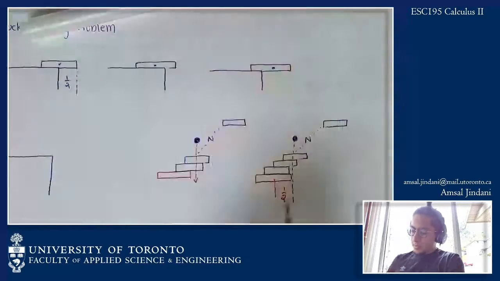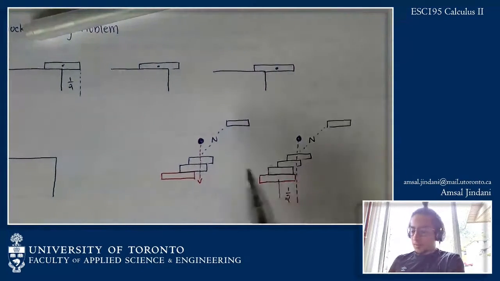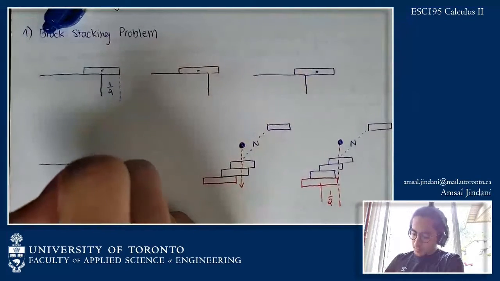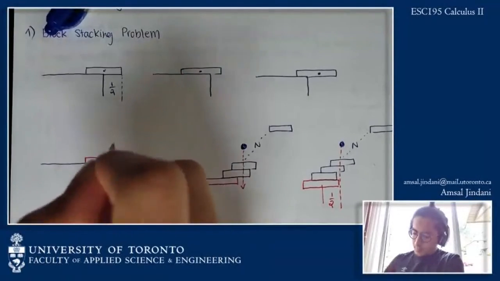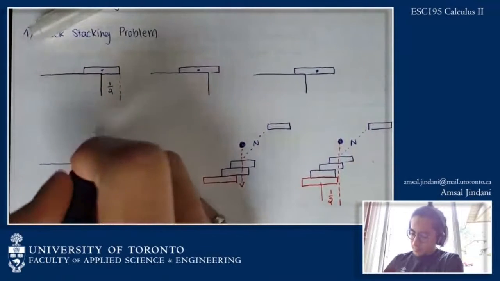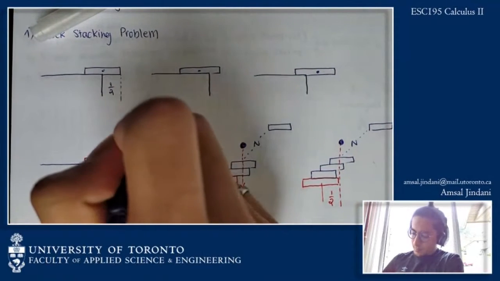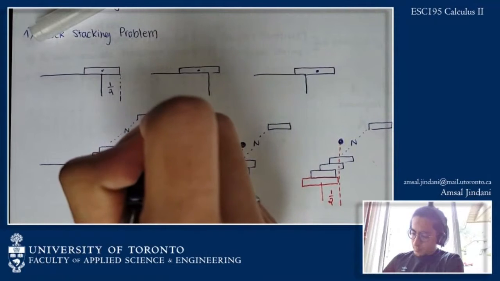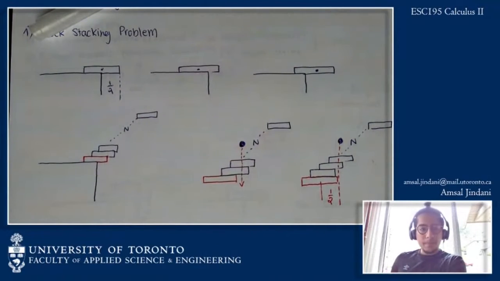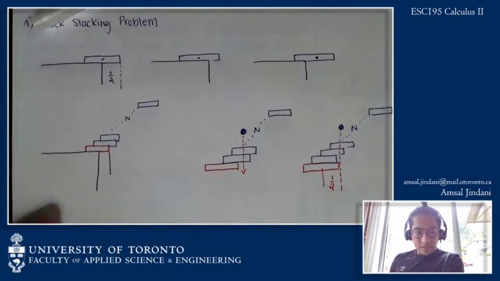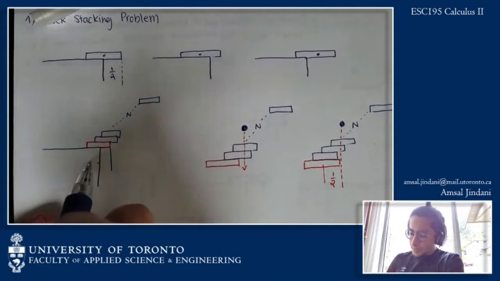And we're going to place this entire stack of n+1 blocks onto this table over here. Now, what we want to find is this distance over here, that is the change in the overhang.